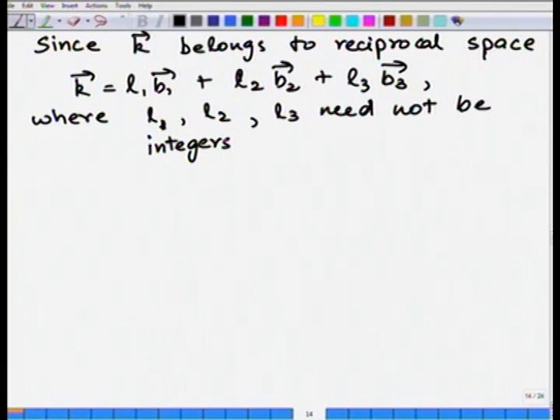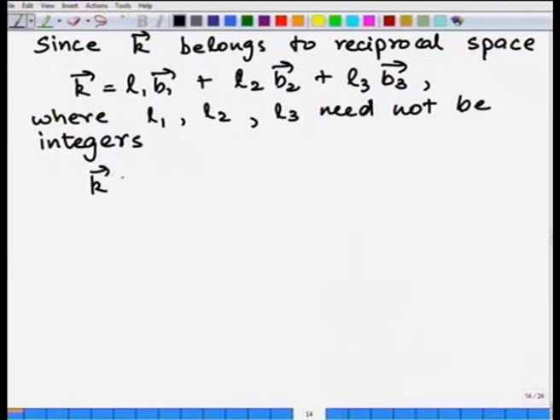Because if they were integers, then the small k would look like a capital K vector. So, let us express k with coefficients L1, L2 and L3, which I am going to succinctly write as a summation over L_i and B_i, where i is 1, 2 and 3. All these are not necessarily integers.